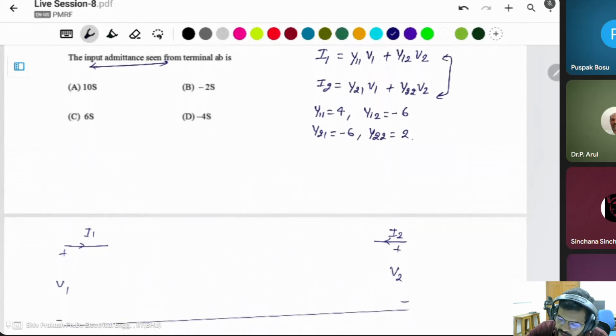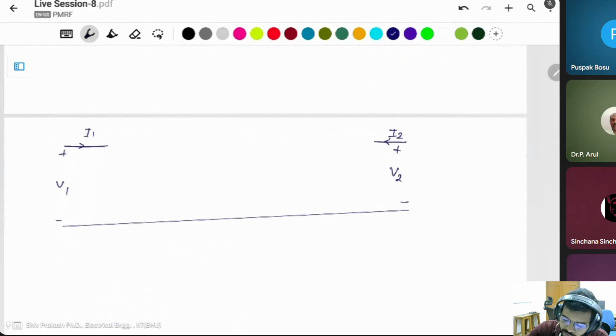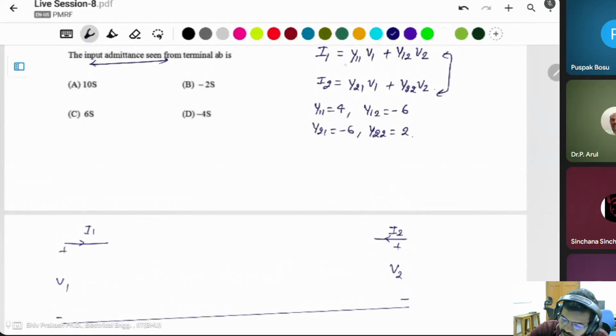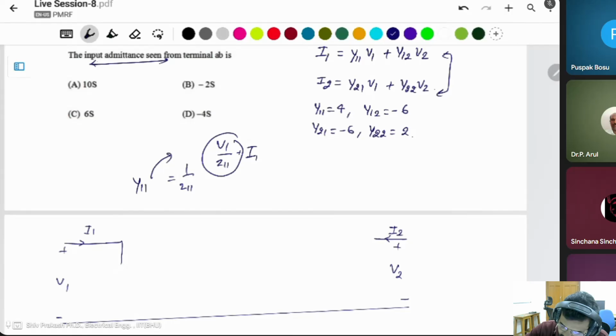It is the admittance, it means multiplication of Y11 into V1. In whatever cases the current is the multiplication of something into voltage, it means this is the admittance. You can say this is V1 upon Z11. This is the current. But 1 by Z11 you can say is Y11. This one is given in the question. That's why simply this is the circuit where the current is divided into two parts. It means there is a parallel path.